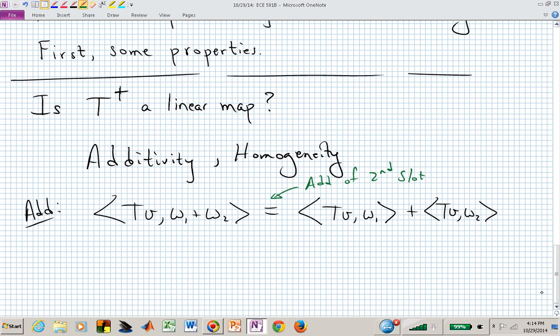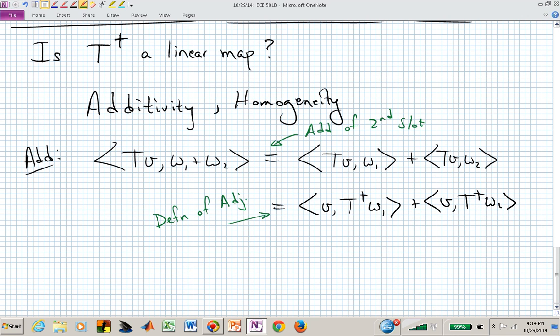Let's apply that twice to the right-hand side, which means that this now needs to be equal to <V, T dagger W1> plus <V, T dagger W2>. That is just the definition of the adjoint. That's all we're applying there.